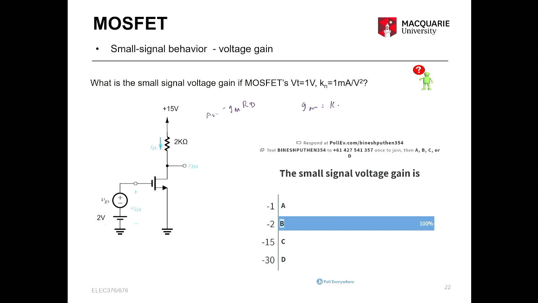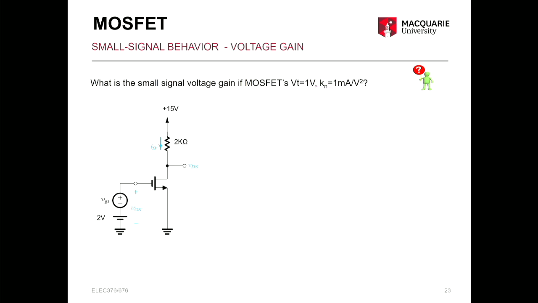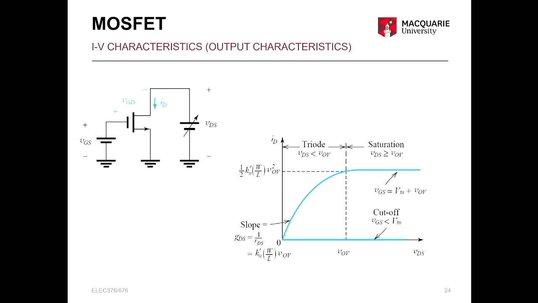GM is Kn VOV, right? VGS is given, so VT is given. Correct. So you're absolutely right. It's negative 2 volts. Okay. All right. So any other questions here before we move on to the other topic?